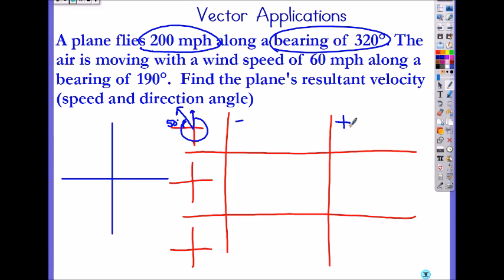So what's the magnitude? It's 200. So it's 200 cosine of 50 and 200 sine of 50 to find your x and y. From here, you go 320. So this is 270. How much more do you have to go? 50.